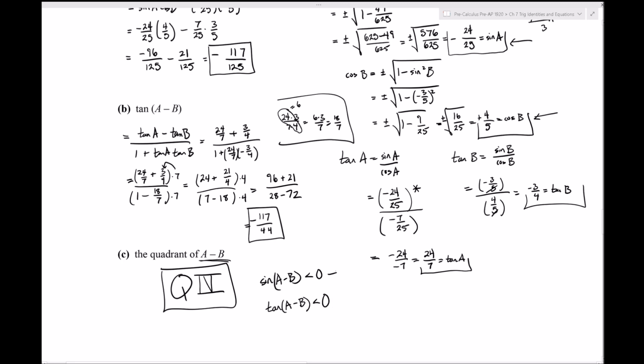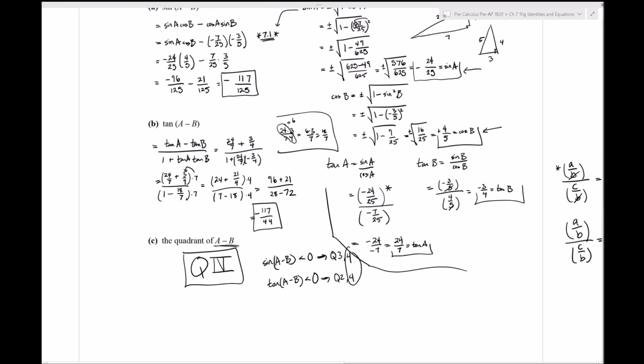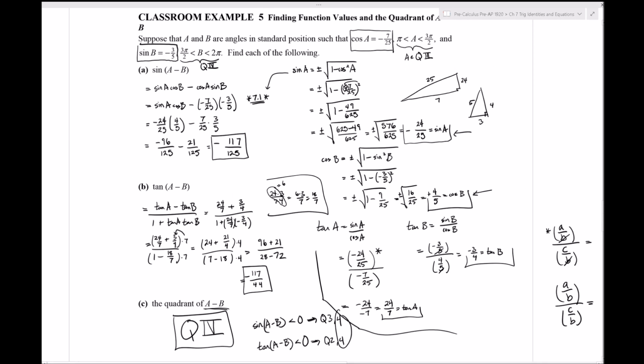So the first one right away told me that it's either quadrant 3 or 4. The second one, well, tangent's negative in either quadrant 2 or 4. The overlap is 4. So they both have 4 in common. So that's where we're getting that from. And there's the end of that beast of a problem.